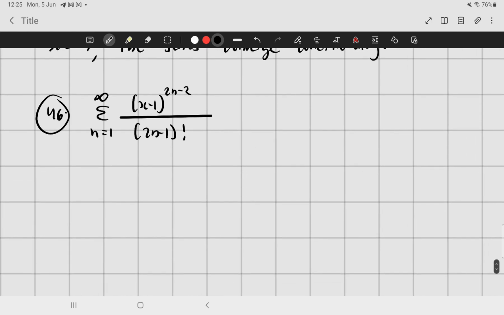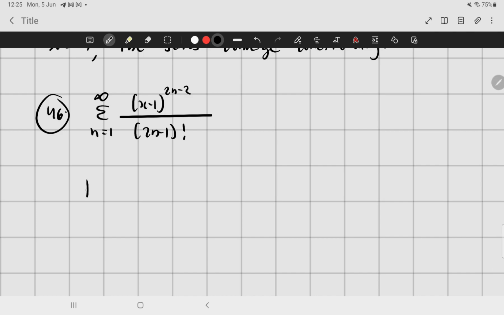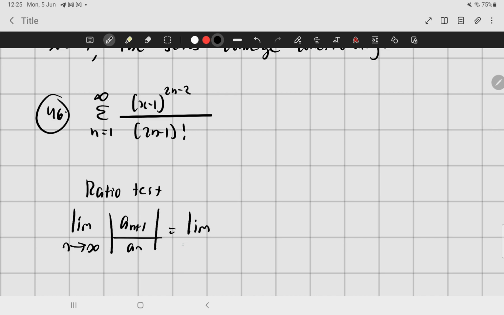So for this one, we have to use the ratio test, and by taking the limit, we can find the interval of convergence.